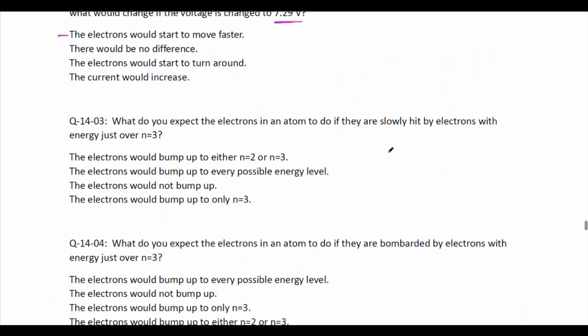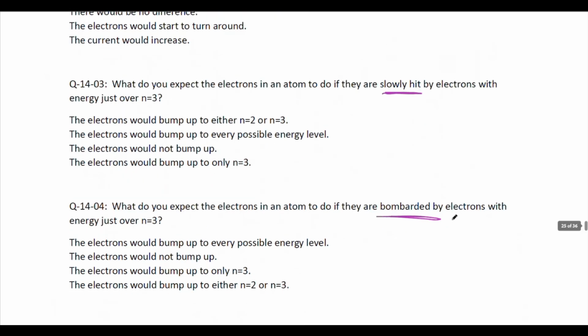Okay, these questions a lot of times trip people up on the quizzes and on some of the lab activities. There's a big difference between being slowly hit by electrons and being bombarded by electrons. If the electrons are being fired very, very slowly, then it'll potentially raise up in energy and then drop back down before the next one hits.